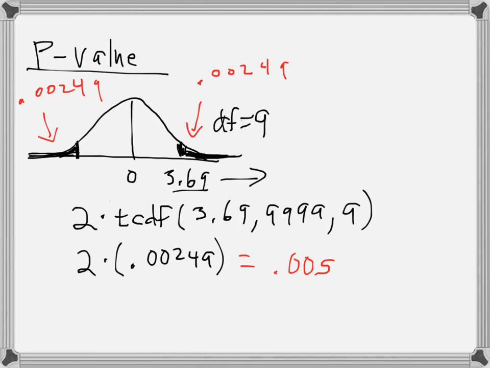Okay, so what should my conclusion be? What's up with this p-value? We're almost done. Okay, I'm going to switch sides. So my decision and my conclusion. My decision, again, is I'm either rejecting or failing to reject the null hypothesis. Which one?